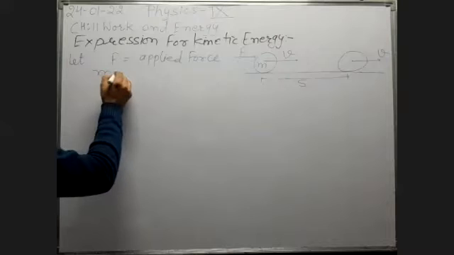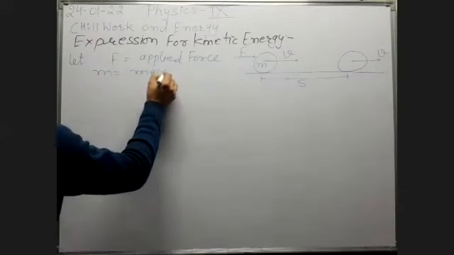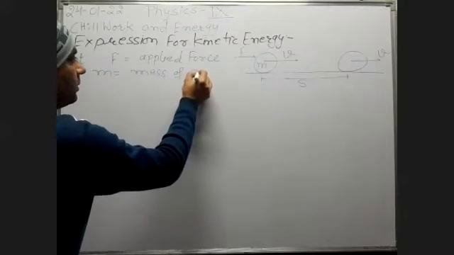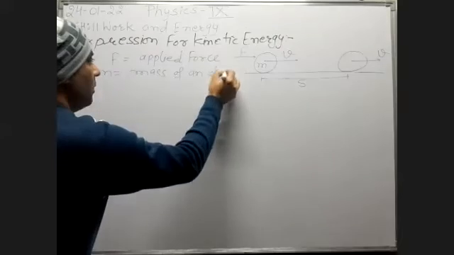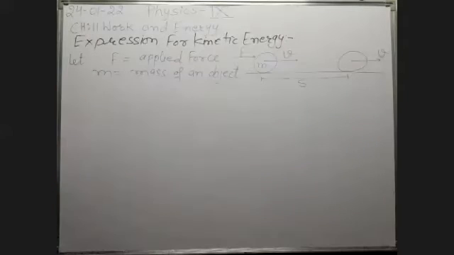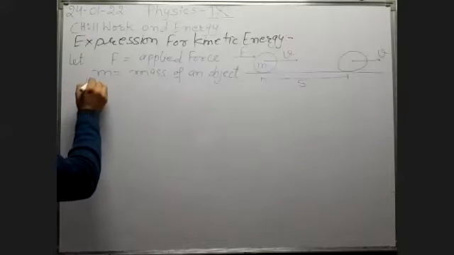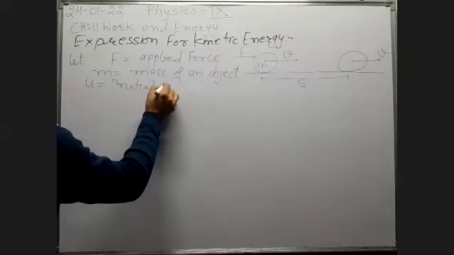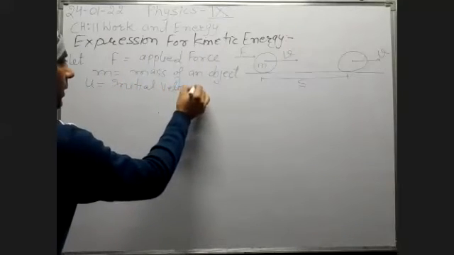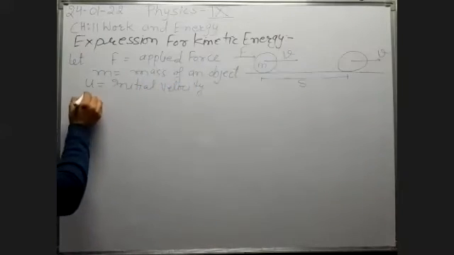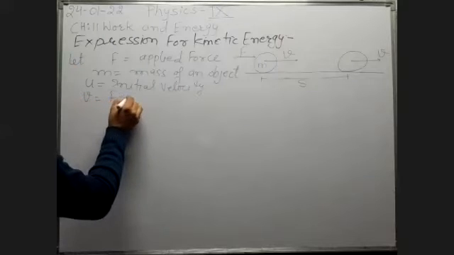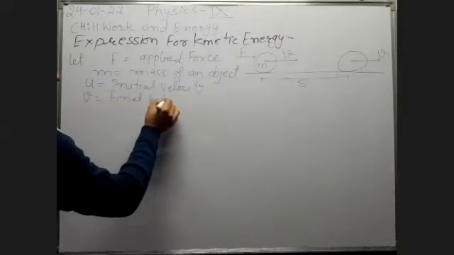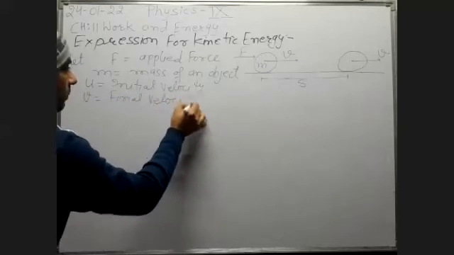What is m? Mass of the object. u, initial velocity. v, final velocity.